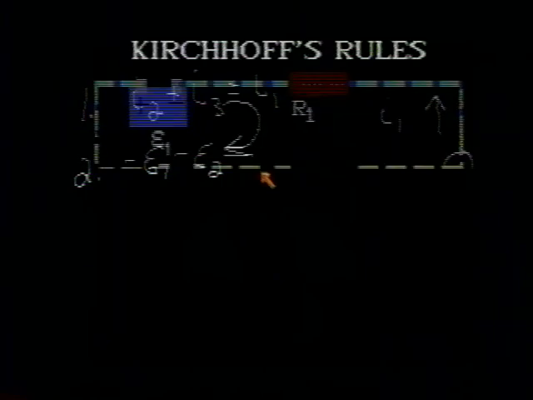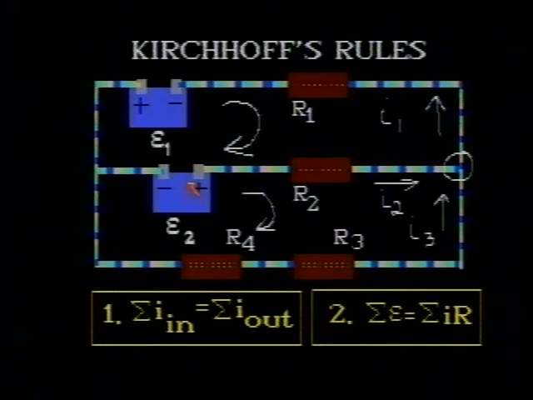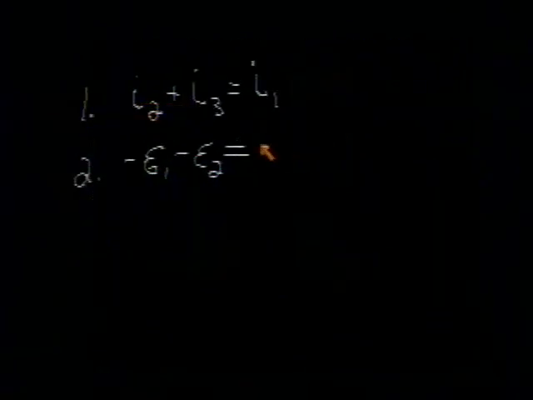Now that is equal to the sum of the IR drops. The first resistance that we encounter is R1. We pass through it in this direction, which is opposite to the direction in which the current I1 flows through it. So it's going to be negative, and we're going to write minus I1 R1. The next resistance we encounter is R2.